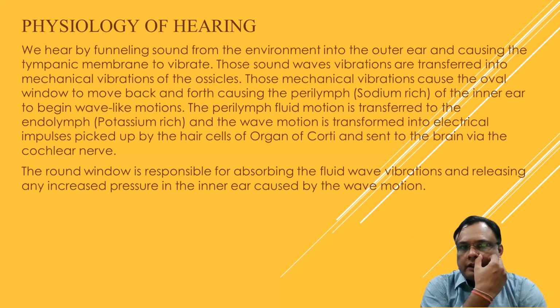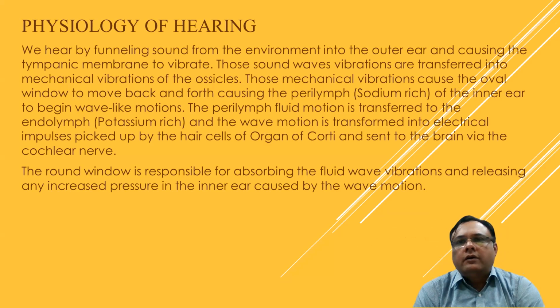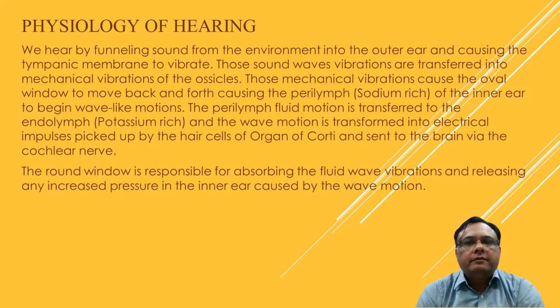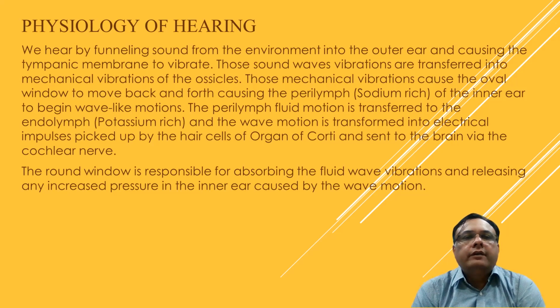So, physiology of hearing. We hear by funneling sound from the environment into the outer ear and causing the tympanic membrane to vibrate. Those sound wave vibrations are transferred into mechanical vibrations to the ossicles. Those mechanical vibrations cause the oval window to move back and forth, causing the perilymph of the inner ear to begin wave-like motion.